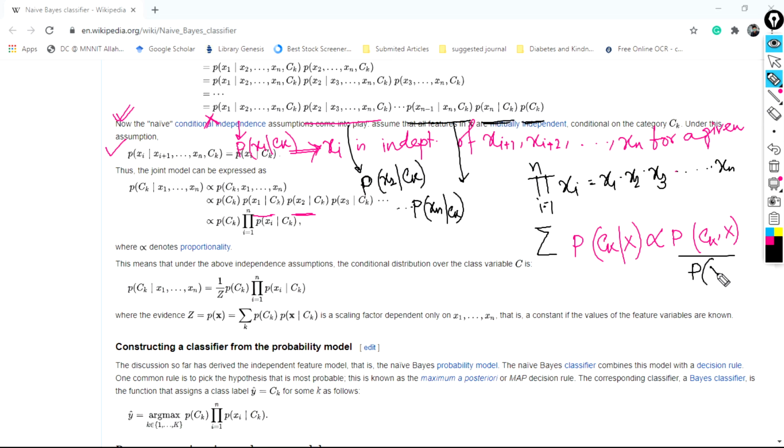We are avoiding the probability of x here. If we call z the value of the probability of x, we are not interested in finding this probability, so it is not required. Just omit this term. It is the same for all classes, so we have no interest here. Just forget about this term.